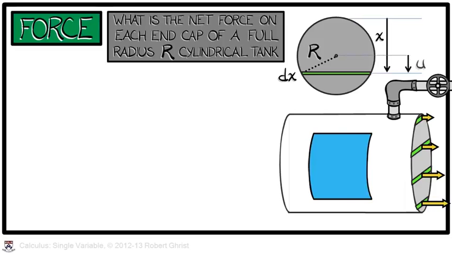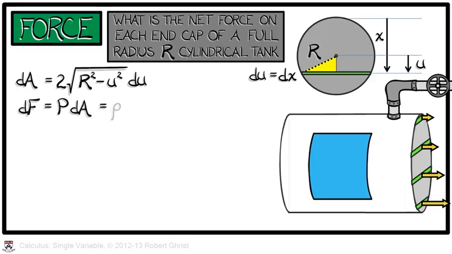It's going to be easier if we change coordinates to u, where u is equal to x minus r. In this case, u is going to be centered at the middle of the disk, but du will be equal to dx. In this case, the area element is given by what? Well, with a little bit of help from a right triangle, we see that the area element is twice the square root of r squared minus u squared times the thickness, du.